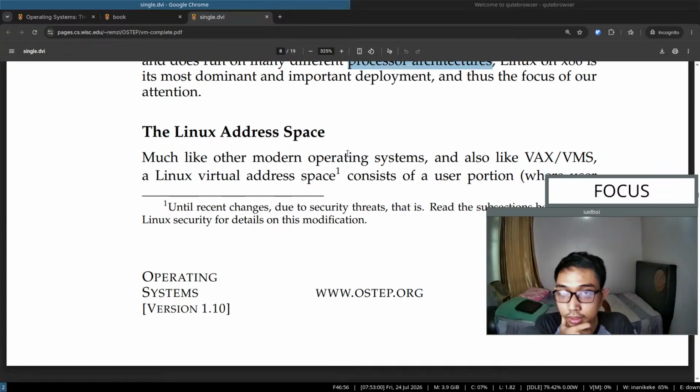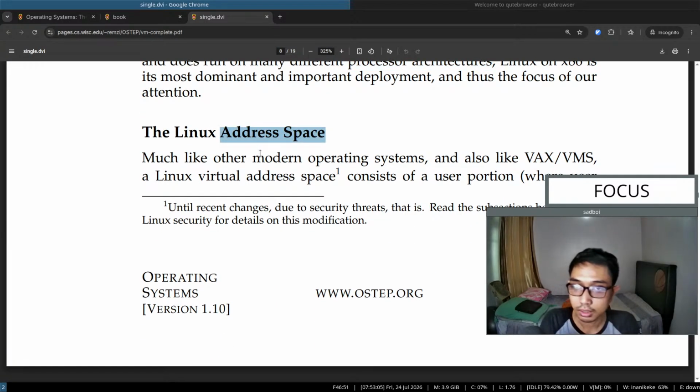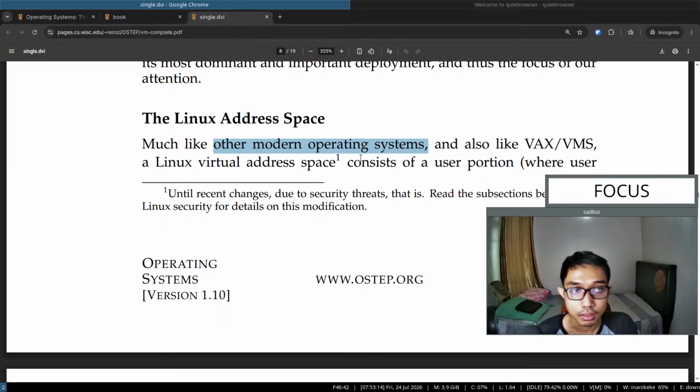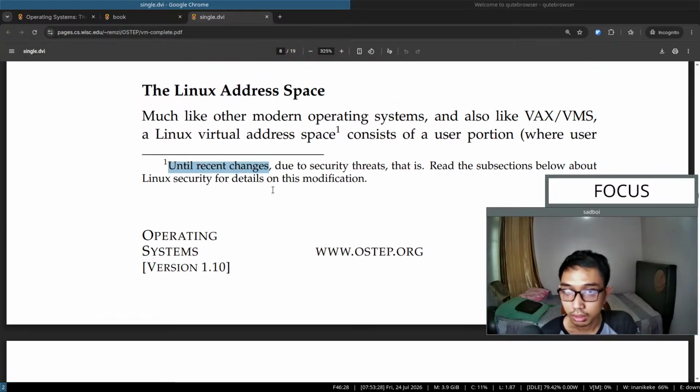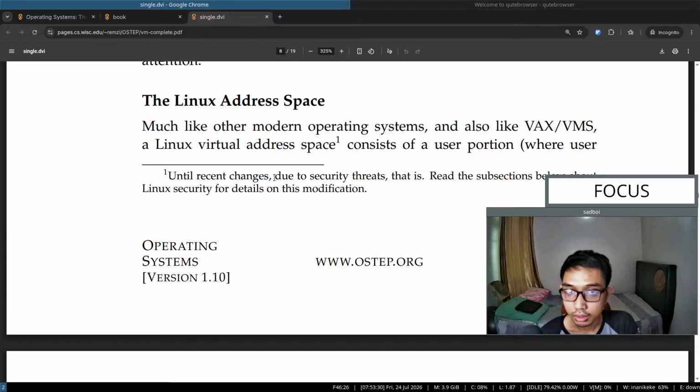The Linux address space, much like other modern operating systems, and also like VAX/VMS, a Linux virtual address space consists of a user portion. There's a footnote here: until a recent change due to security threats, that is.